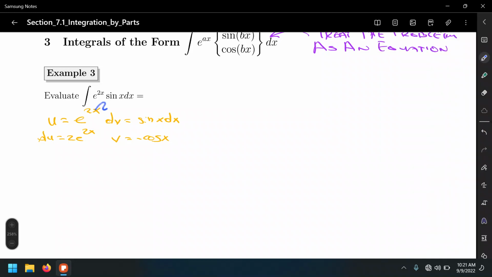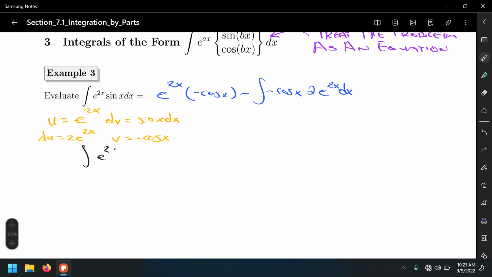Again, u times v, that is e to the 2x times negative cosine, minus the integral of v, which is negative cosine, times du, which is 2 e to the 2x dx. Okay, one thing at a time. Like I mentioned, I'm going to write the whole problem because I'm treating this like an equation.